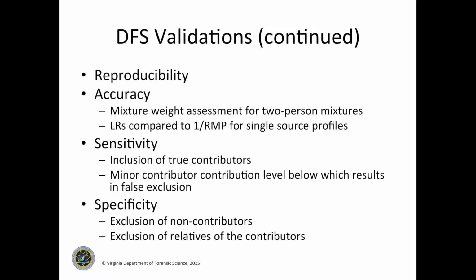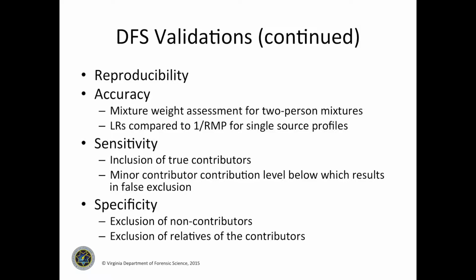Our accuracy studies demonstrated that derived mixture weights were concordant with those determined by manual methods, both input DNA and mass ratio. We also demonstrated that the match scores for single source samples were consistent with 1 over the random match probability. Our sensitivity studies demonstrated inclusion of true contributors and at what level or what mixture weight a true contributor would falsely be excluded.